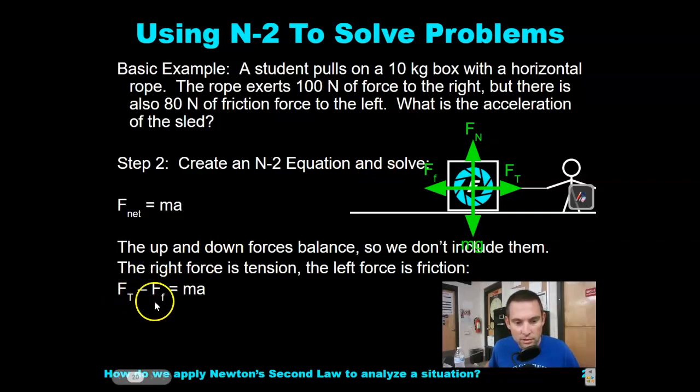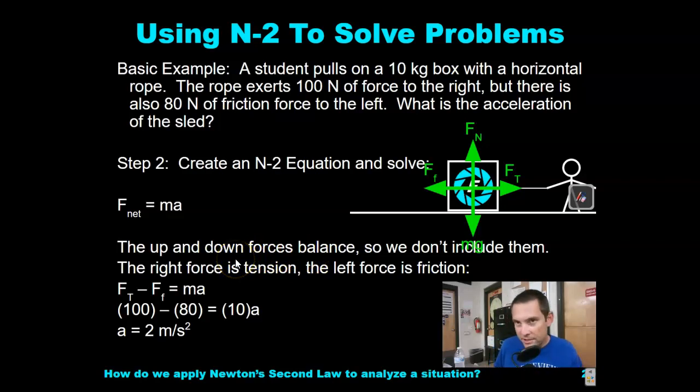Stuff that makes it go minus stuff that holds back, or Ft minus Ff equals ma. And we still get 2 meters per second squared. So the difference here, it looks pretty similar. The difference is, with the first way, you don't care about what is positive and what is negative. With the second method, to the right is positive and to the left is negative.